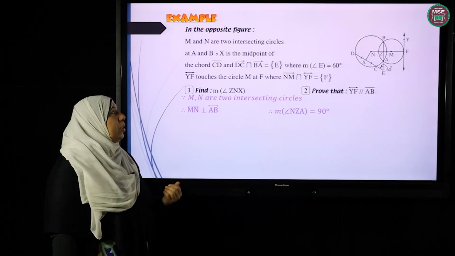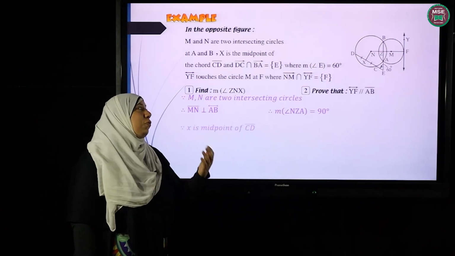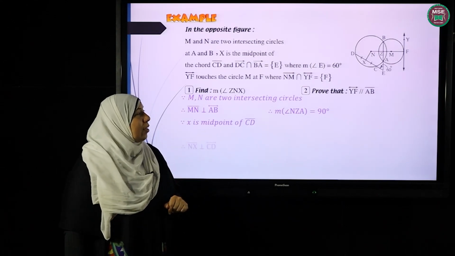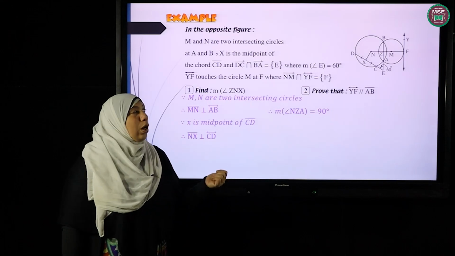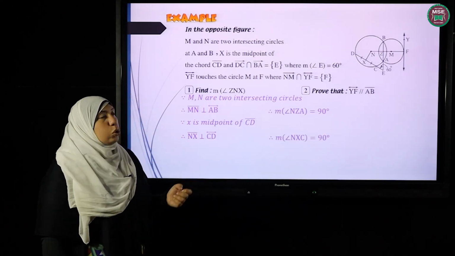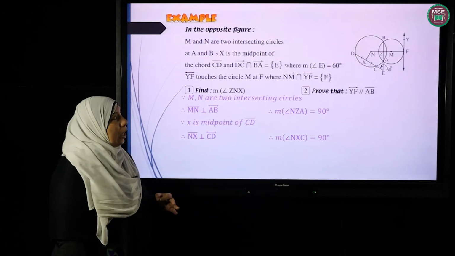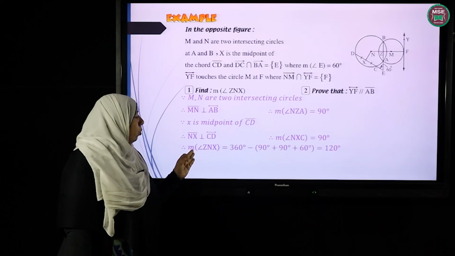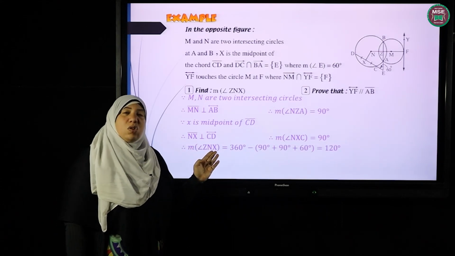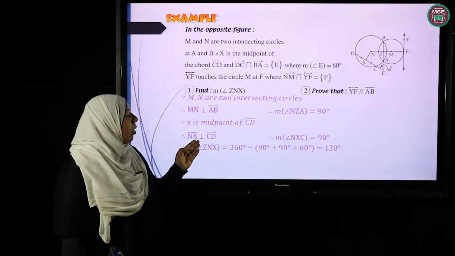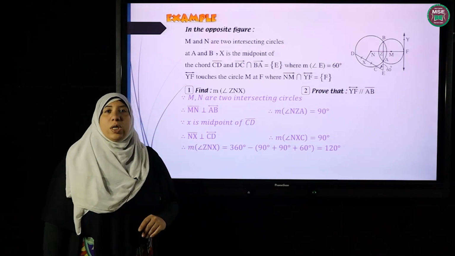And from the first lesson, if X is a midpoint of a chord, then NX is perpendicular to the chord, so the angle NXC is equal to 90 degrees. Again, I can use the quadrilateral rule: the quadrilateral is 360 degrees, minus 90 plus 90 plus 60, so the angle ZNX is 120 degrees.